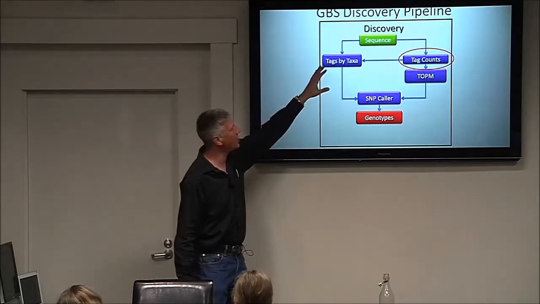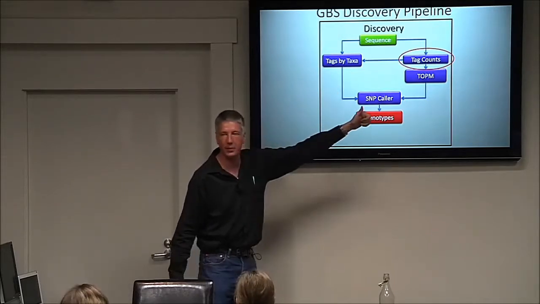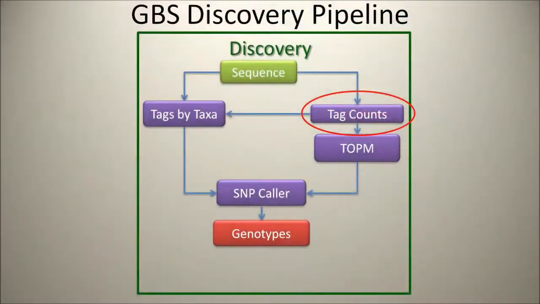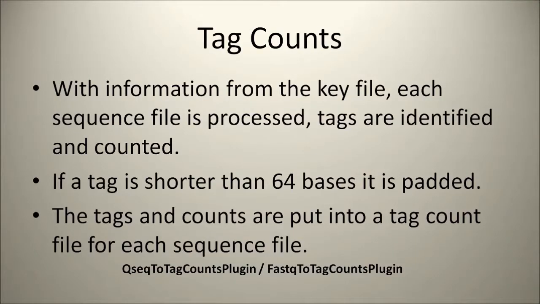So, okay, we've talked about the sequence files. We've talked about the GBS tags, and then we've got the tag counts. What are tag counts? You take the information from the key file, and each sequence file is processed, and the tags are identified and counted.